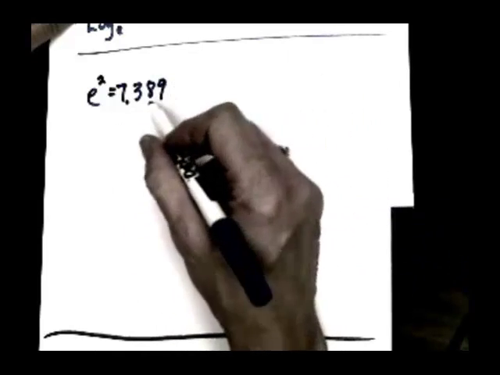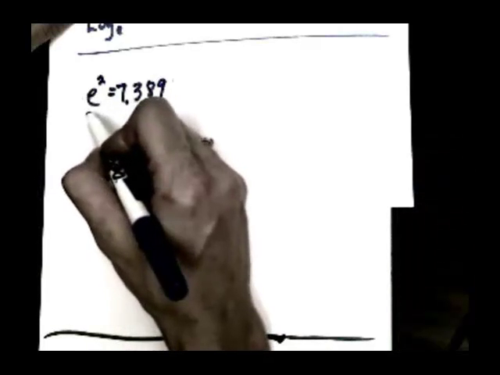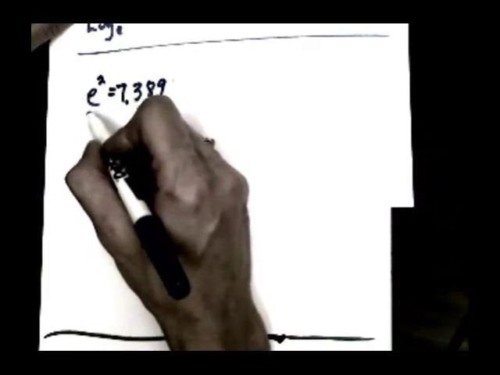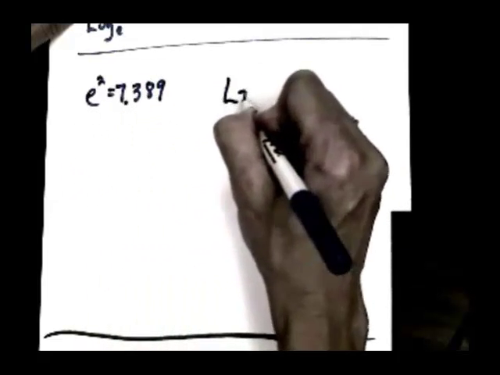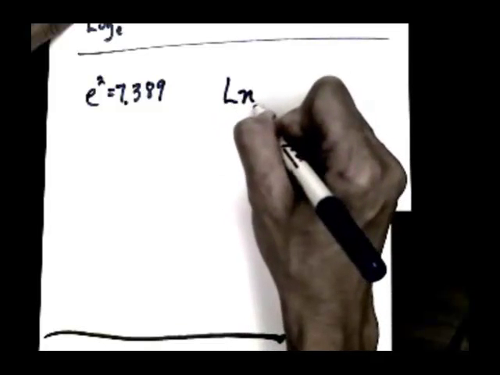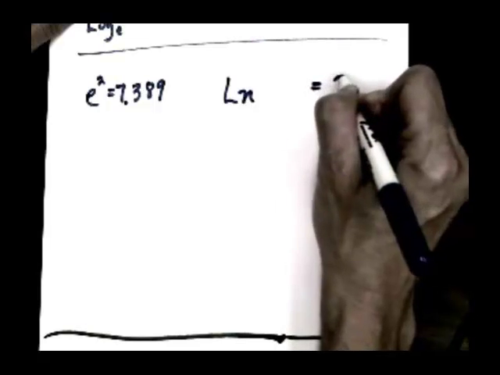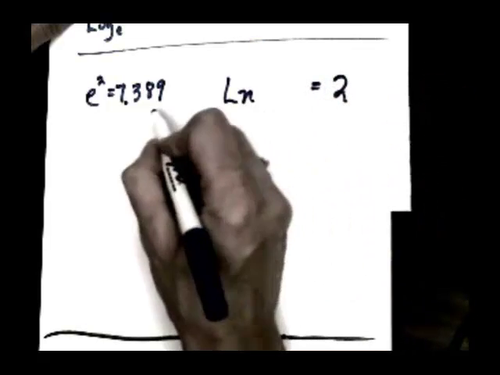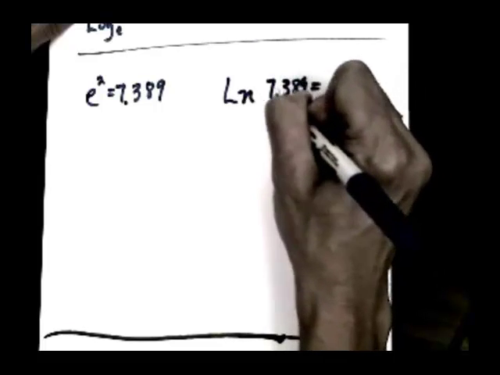If I want to change that to a logarithmic form, because I have an e in it, I want to remember that that is going to be a natural logarithm. So I don't want to write log base e. I want to write ln, which has an understood base e right here. And remember your exponent goes on the other side, so I'm going to put my 2 over here. And my value, 7.389, remember is called the argument, goes there.